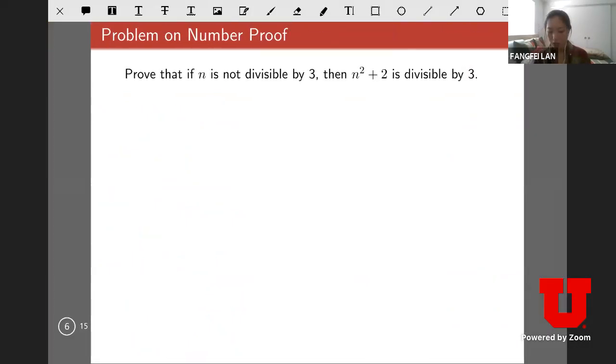All right, next one. Prove that if n is not divisible by 3, then n squared plus 2 is divisible by 3. I feel like, at least for the proofs that we're gonna do in this class, when you see something like "not divisible by," this is proof by cases.